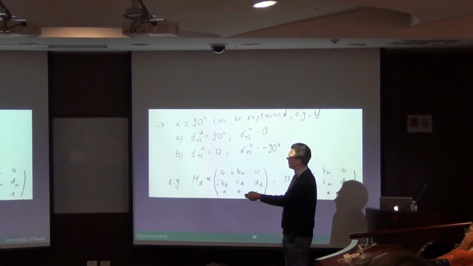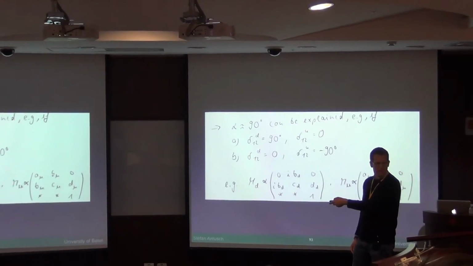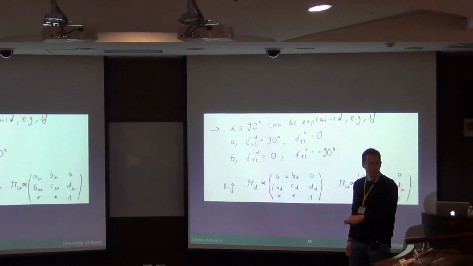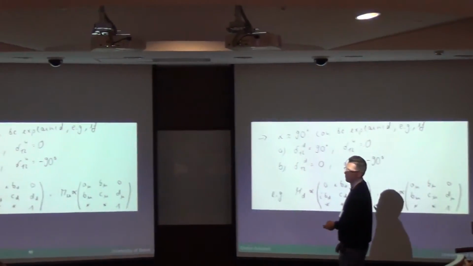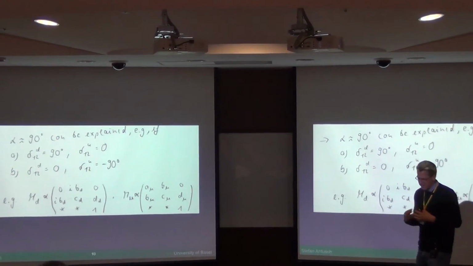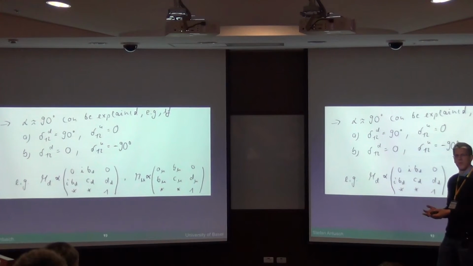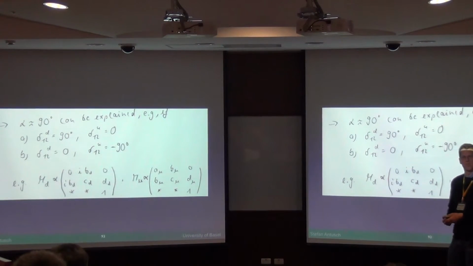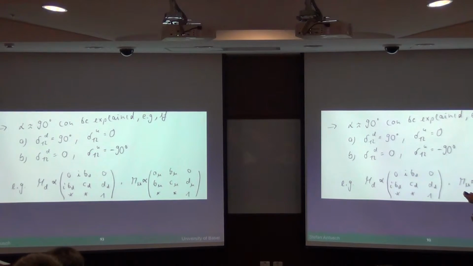Then you're going one step further, that you're also explaining the size of this 1-2 mixing here by this ratio of the quark masses. So these things all are really necessary to explain this, but I think it's a nice and simple way to understand exactly where the CP phase in the quark sector is coming from. That could be done by this sort of phase.